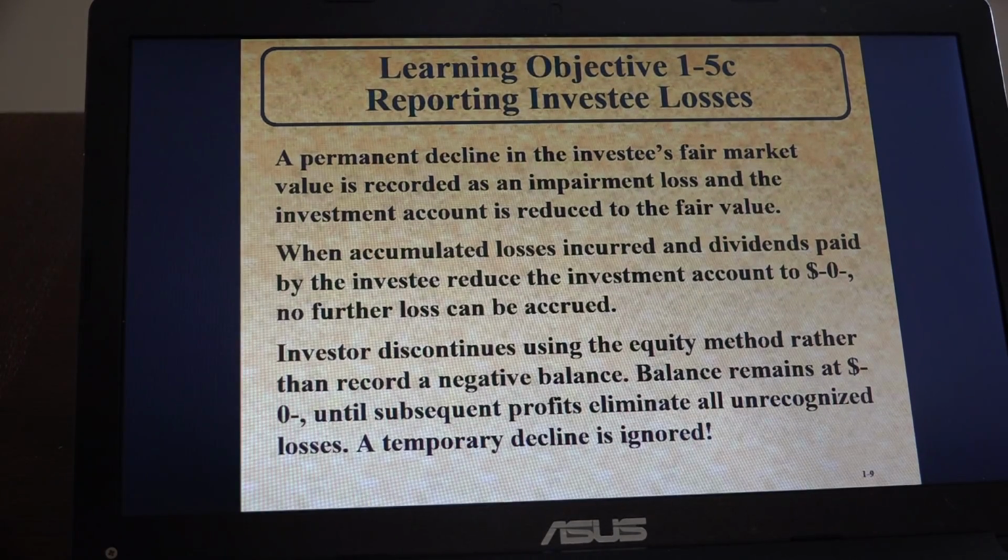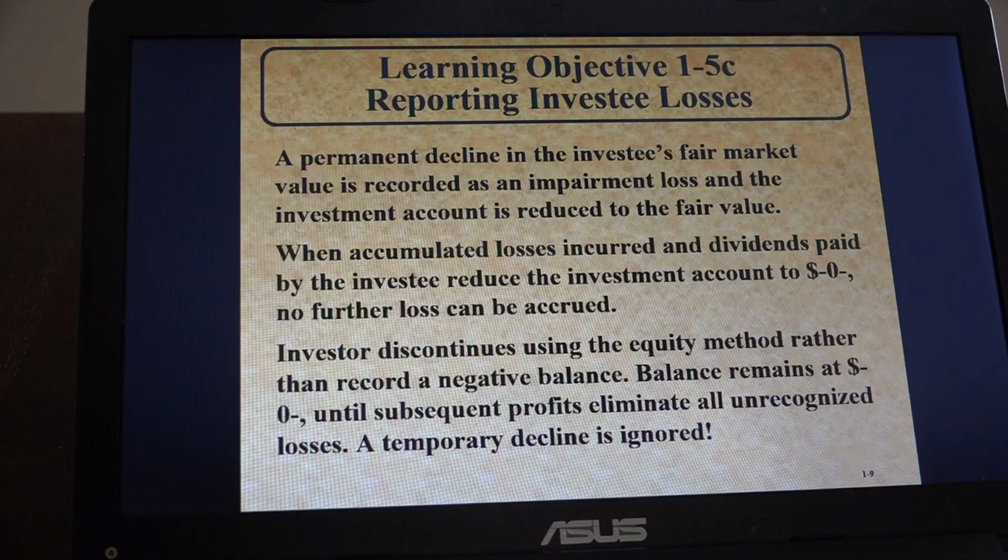Well, if it's a permanent reduction in fair value, you've got to report it as a loss. So the investor, if it's a permanent decline, must recognize an impairment loss and reduce the asset to fair value.